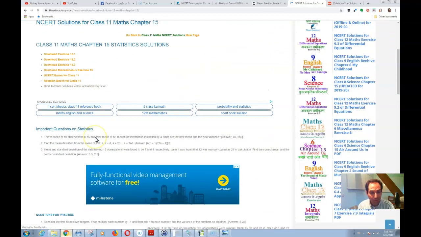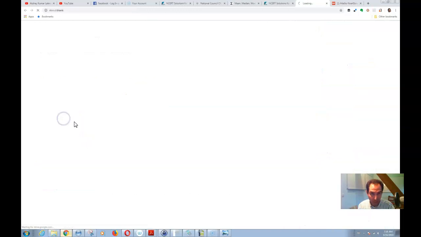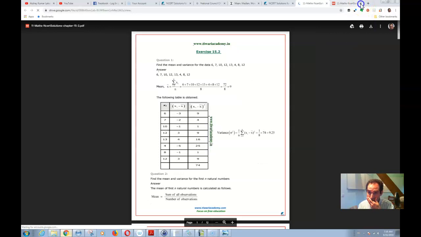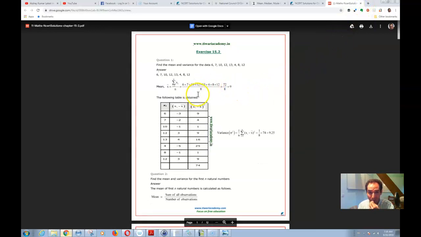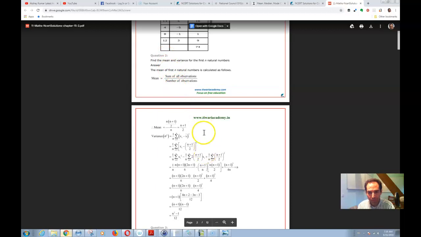And then you have, for example, exercise 15.2. Then you can see all the solutions of these exercises, for example, question 1, question 2, and so on and so forth. And that way you can get all the solutions if you ever need them.